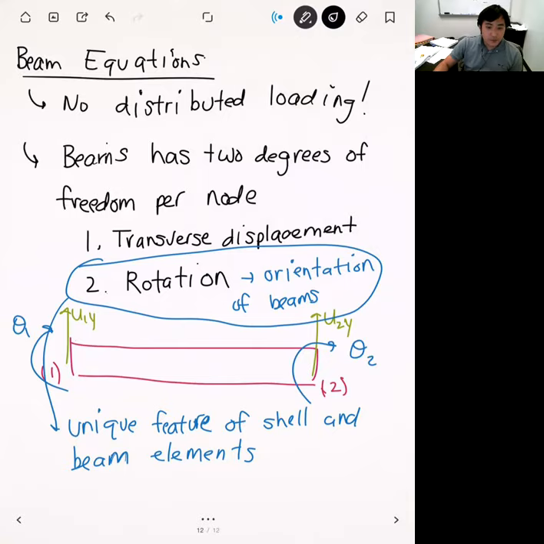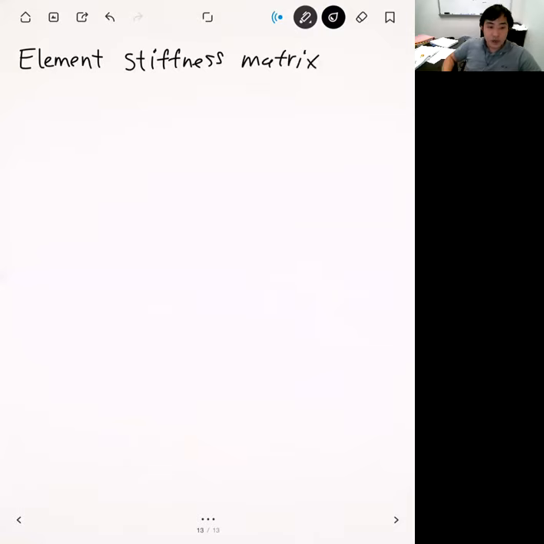I admit the beam element stiffness matrix is a little bit tedious because it is a symmetric matrix, but the pattern is a little bit difficult to get down because the deformations have units of length, but the rotations don't have any units. So even within the element stiffness matrix, it's a little bit inconsistent.